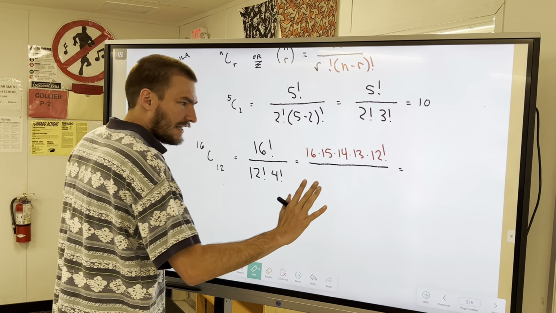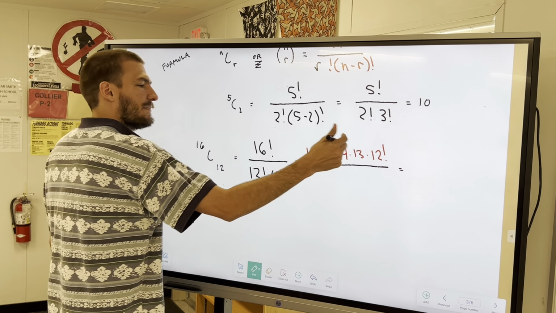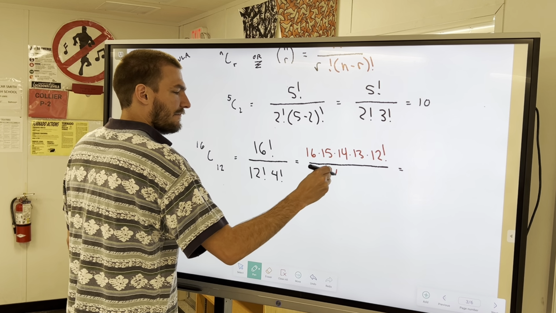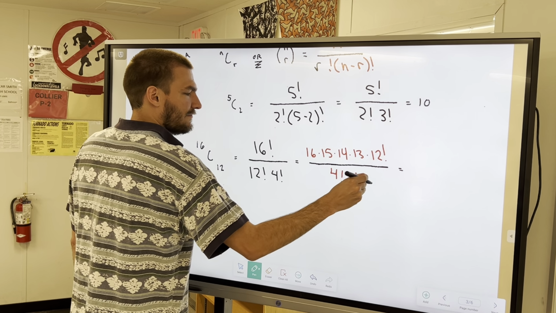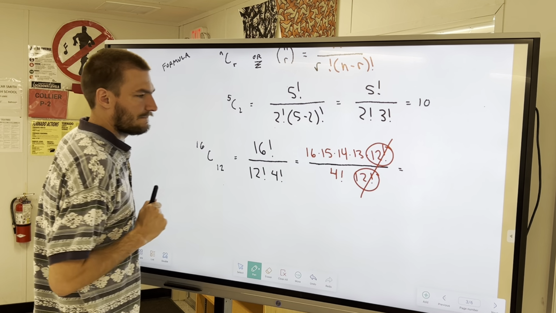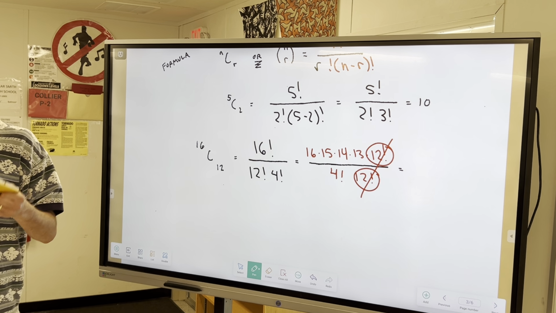And we're just gonna leave it like that. It's the 16 and then the 15 and then the 14 and the 13, and then we're just gonna package all 12 of those together. And then on the bottom, we have 4 factorial and 12 factorial. And those will cancel out and go away.